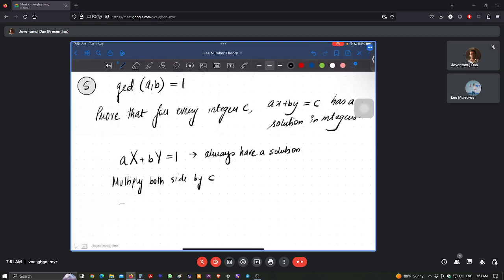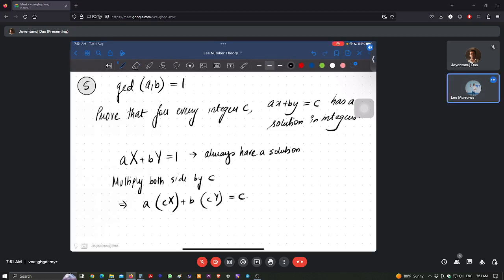Then we have nothing but a times cx plus b times cy equals c. So now this is our solution. So x we can take as c times capital X, and y we can take as c times capital Y. These are integers because capital X and capital Y are integers, right?